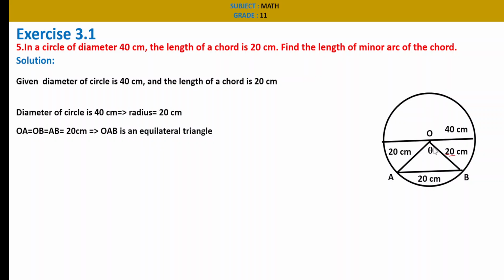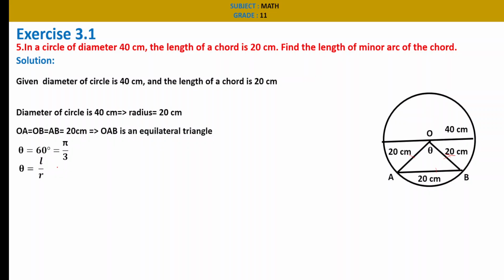If we observe triangle OAB, we know all sides are equal. When all sides are equal, we call the triangle an equilateral triangle. This implies each angle in this triangle is 60 degrees. That is nothing but theta is equal to 60 degrees, that is pi by 3 radians.